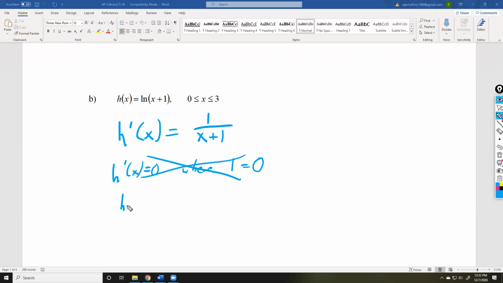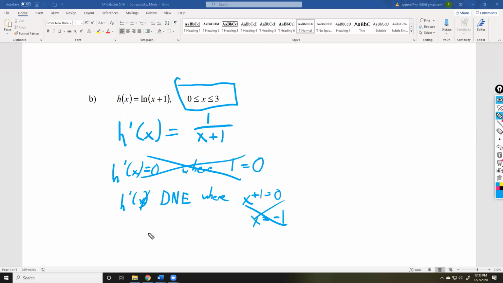And then h prime does not exist where the bottom equals 0. Well, that's not very interesting because that's going to be at x equals -1, and x equals -1 is not in our domain from 0 to 3. So that's not a candidate either. So we have no critical points.